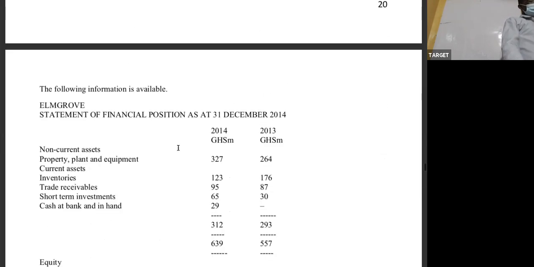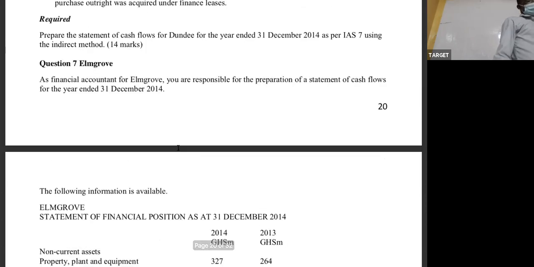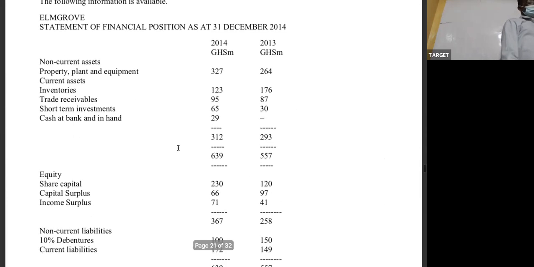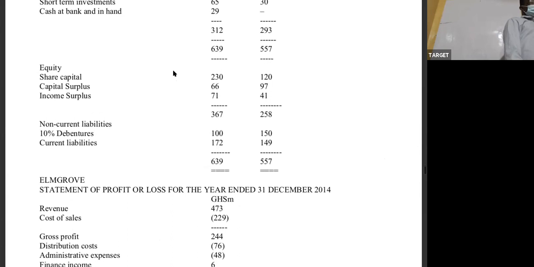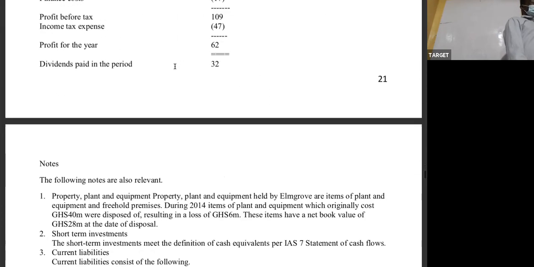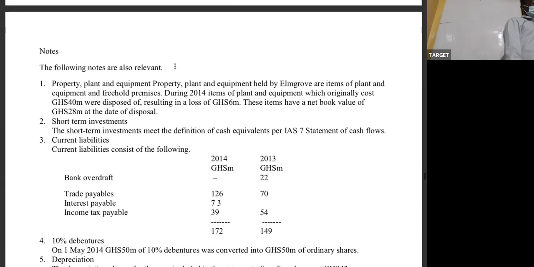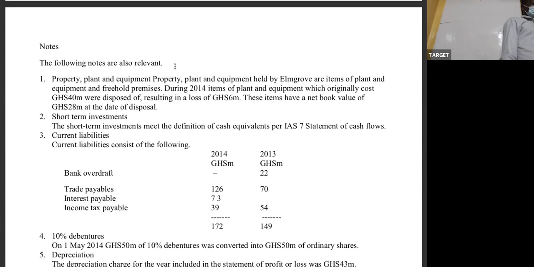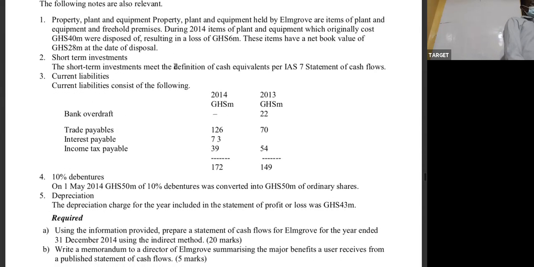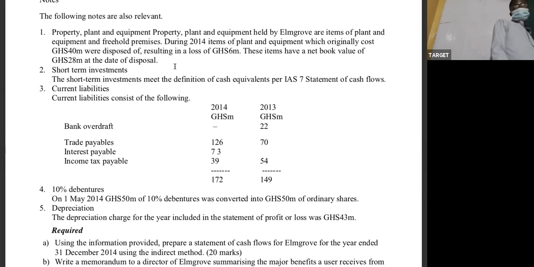As a financial accountant of Elmgrove, you are responsible for the preparation of statements of cash flows for the year ended 31st December 2014. Let's go to the footnote together.